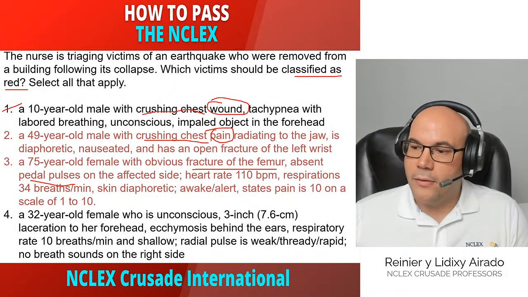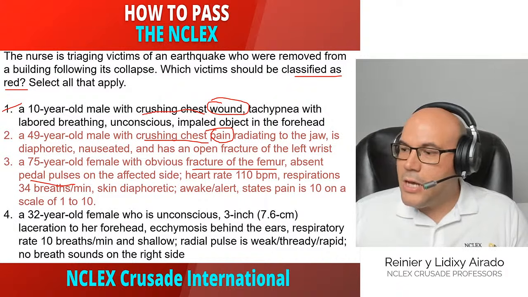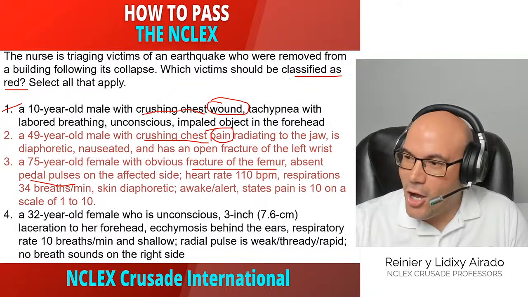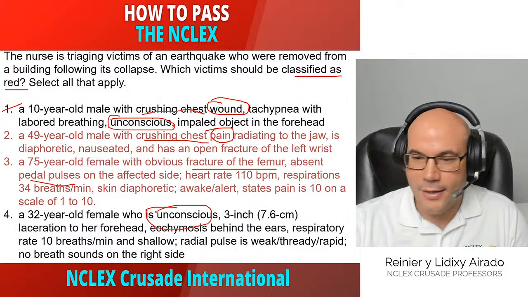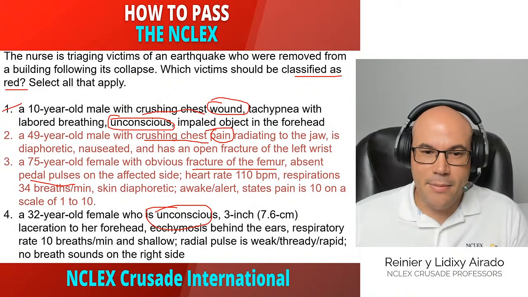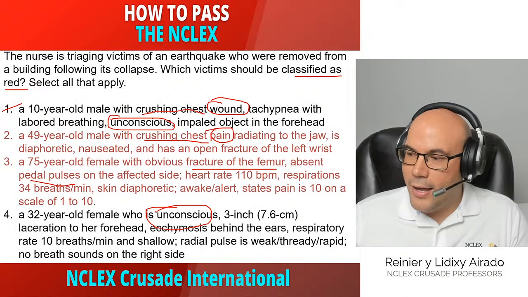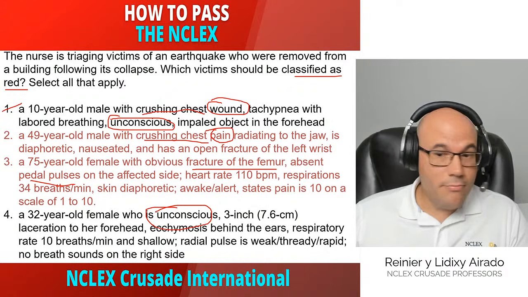Answer number 4. 32-year-old female who is unconscious. Okay, so we see the word again, unconscious. Number 4, unconscious. It's important to see these similarities. 3-inch laceration to the forehead. Ecchymosis behind the ears. Not good.